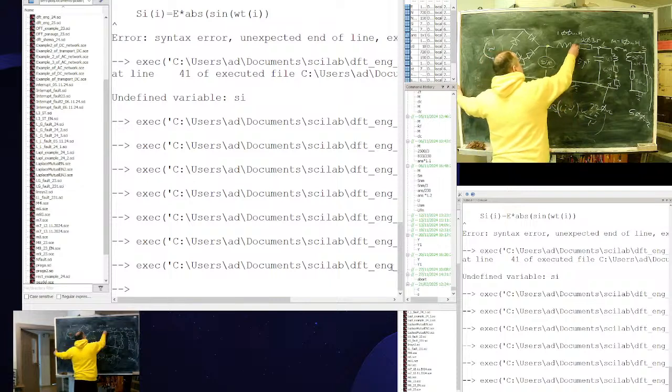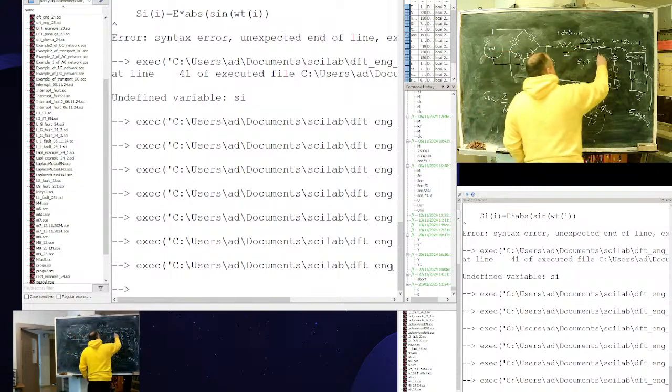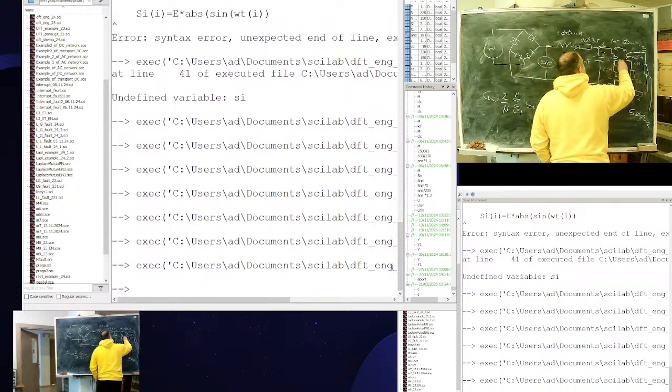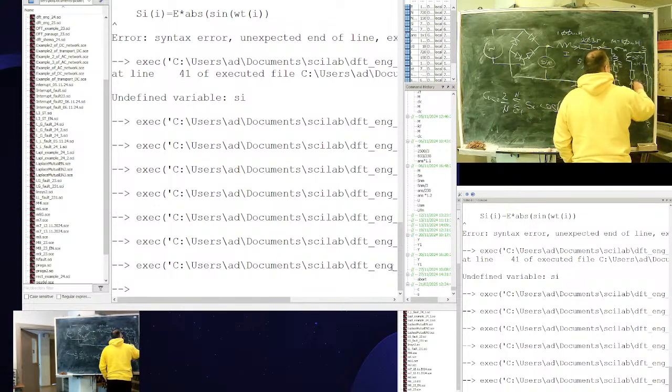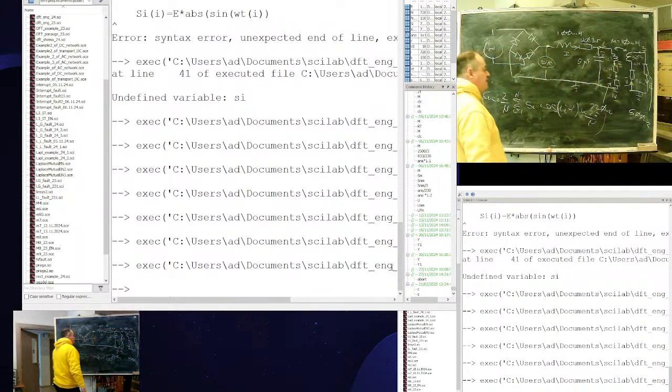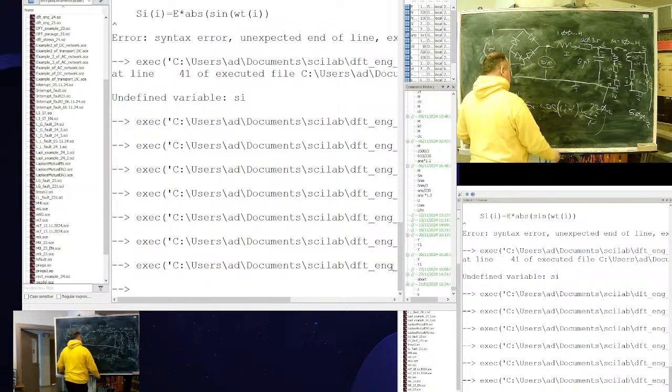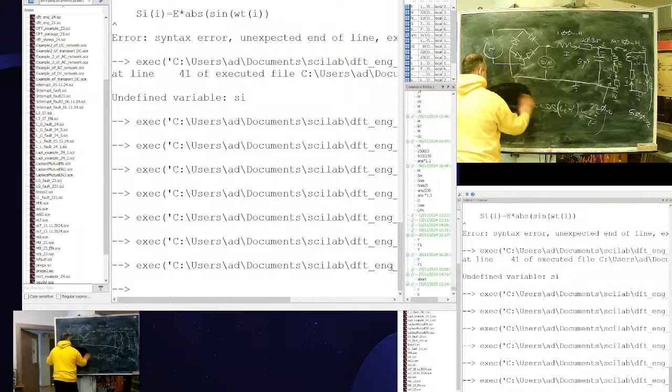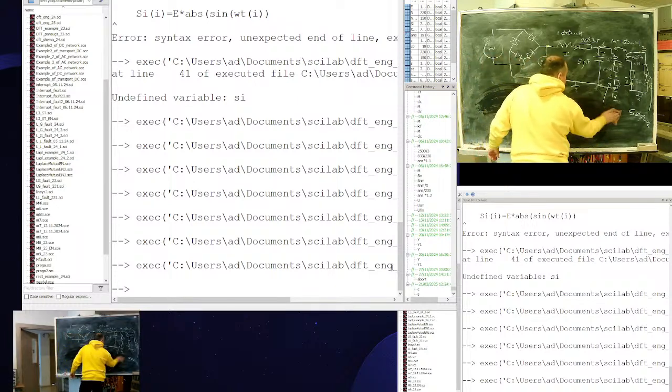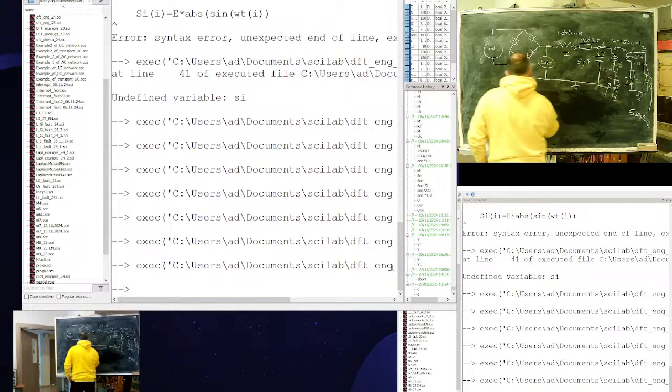Also, I need to set numbers to the branches. This will be 3. This can be number 4. Okay, this will be number 5, and this can be number 6. I need to set numbers and, that's not all, directions. Without it, nothing works.